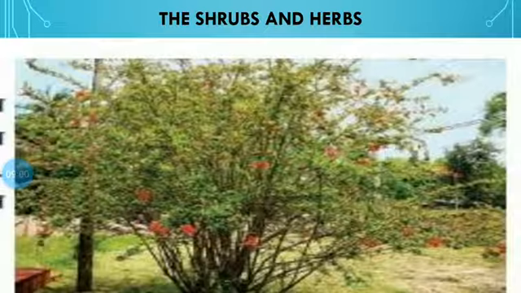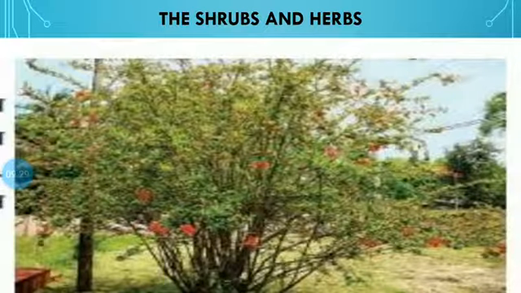Okay, the height of shrubs is a maximum of up to 3 meters. So in that we observe the examples of shrubs like hibiscus, oleander, lantana, rose. So these are the examples of shrubs.